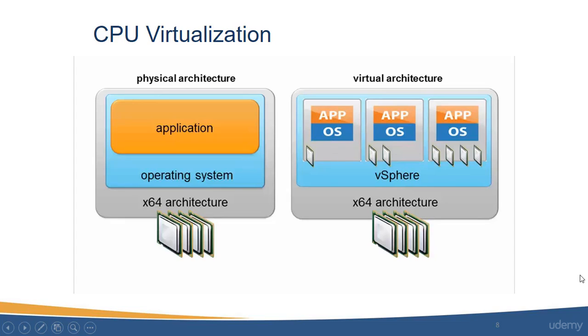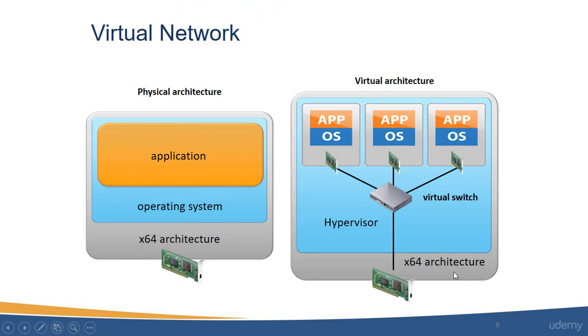Another benefit that we can get from virtualization is the network adapter. In the normal architecture, we have one network connection connected directly to the application. But here, when we create virtual machines, we can create a network adapter for each of those machines.